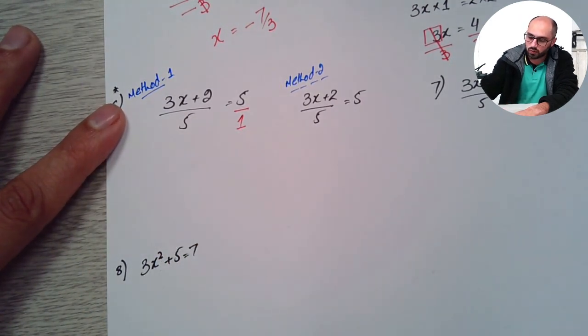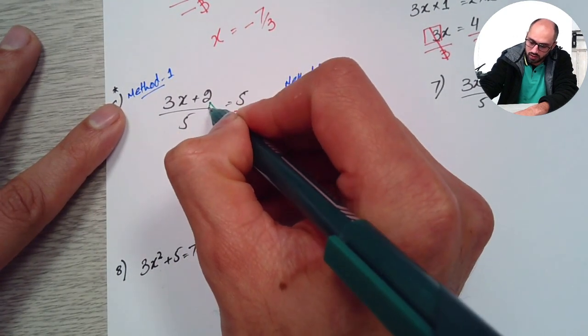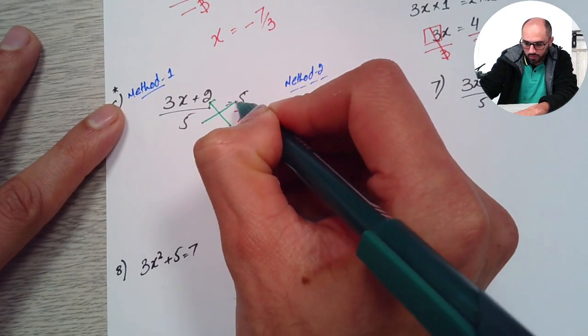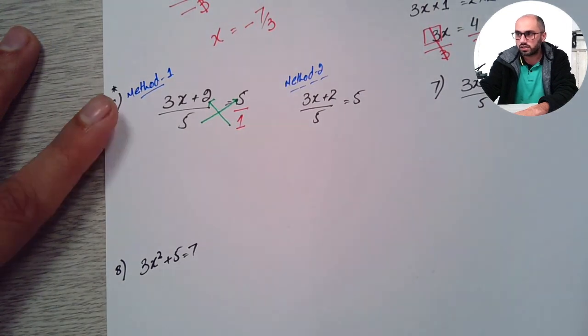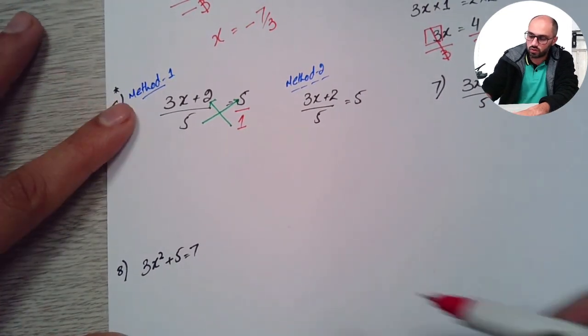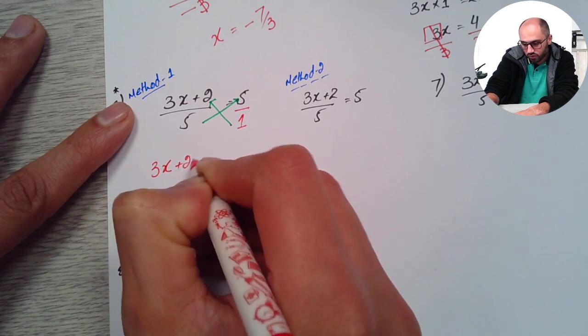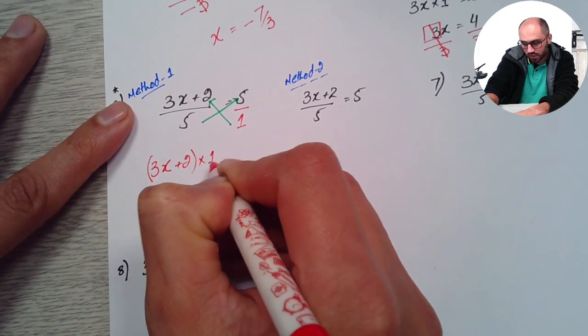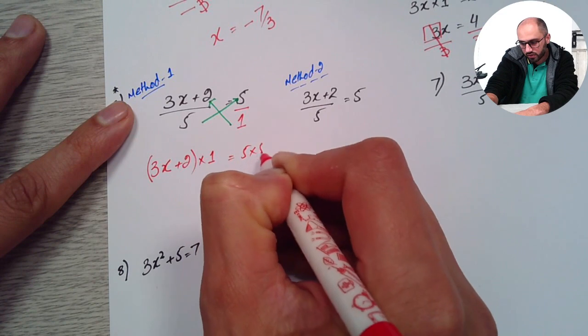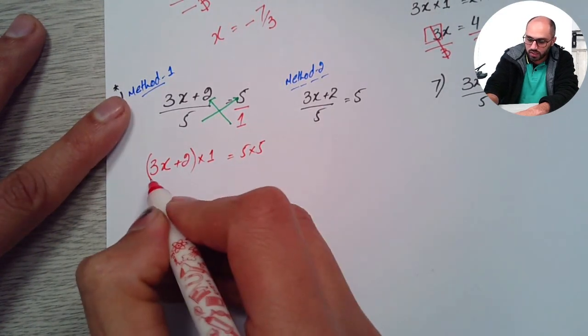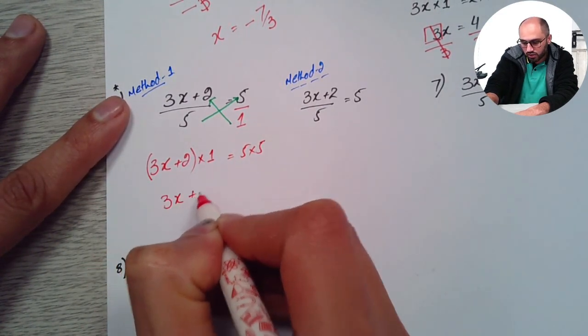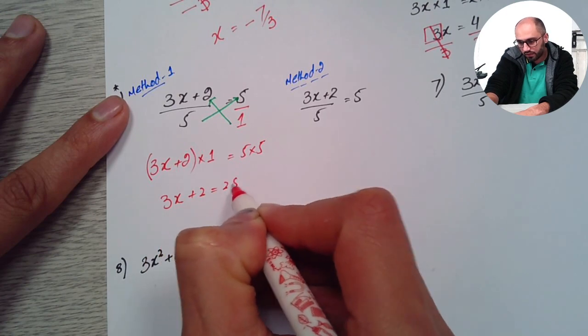Once you've done that, what you will now do is multiply denominators to numerators diagonally. So if you do that, you'll end up with 3x plus 2 times 1 equals 5 times 5. And this gives me 3x plus 2 equals 25.